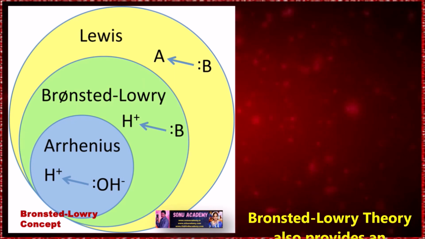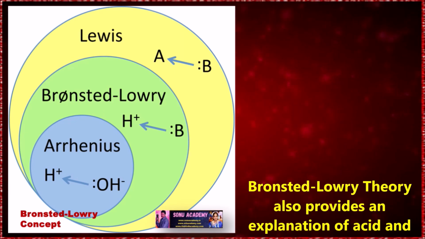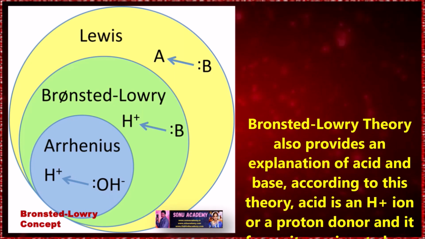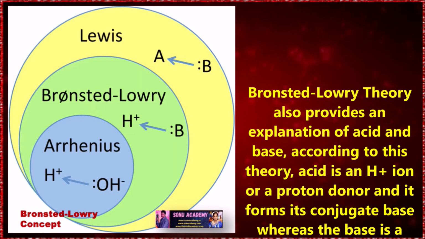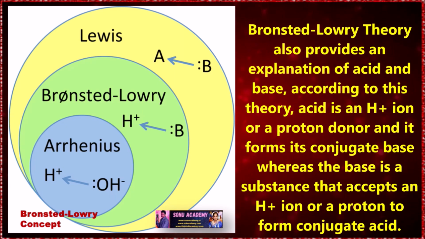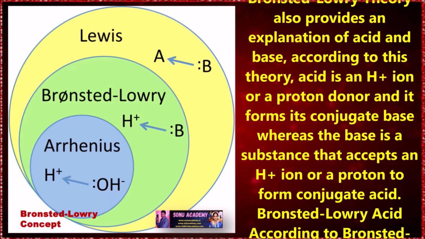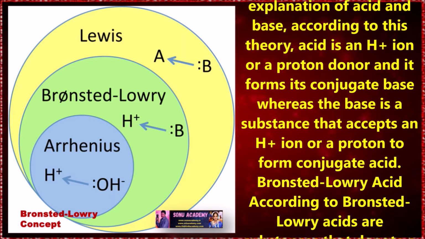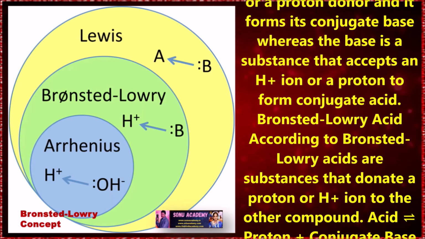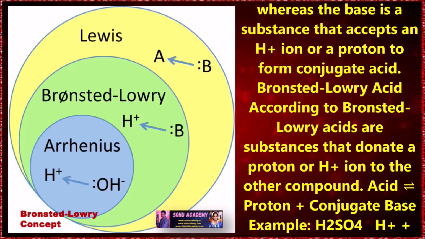Children, let us discuss the Bronsted-Lowry theory of acid and base in detail. The Bronsted-Lowry theory also provides an explanation of acid and base. According to this theory, an acid is an H+ ion or proton donor, and it forms its conjugate base, whereas a base is a substance that accepts an H+ ion or a proton to form a conjugate acid.